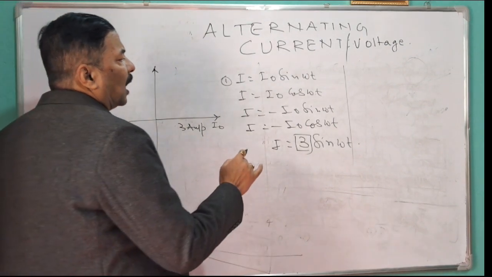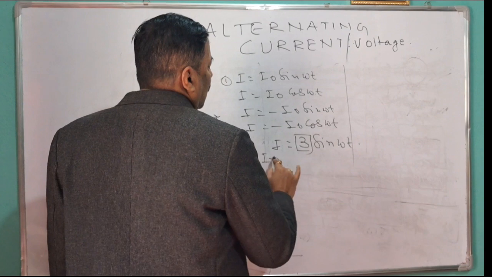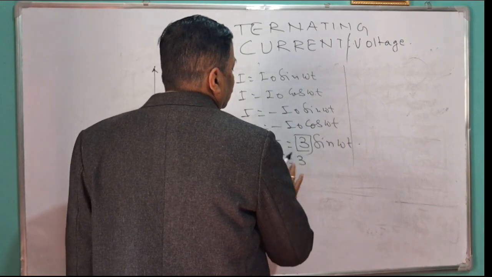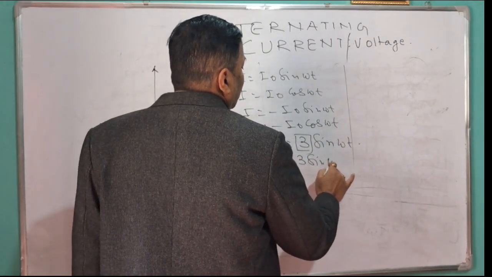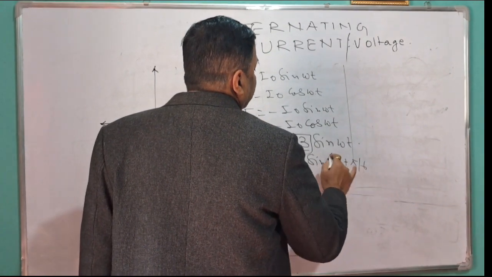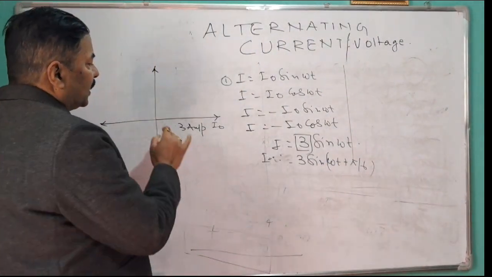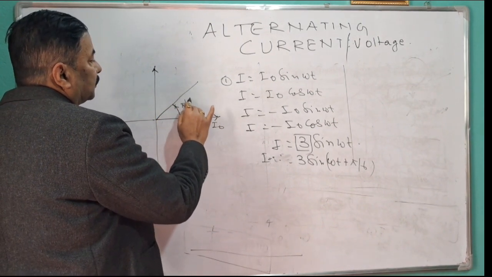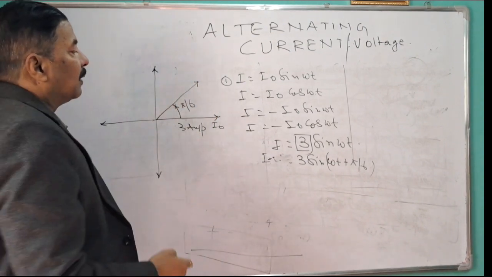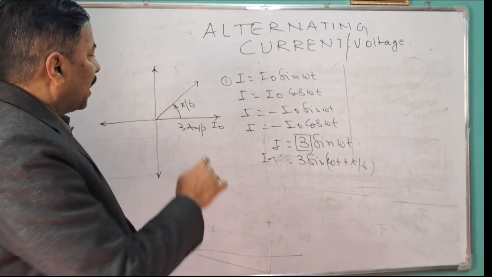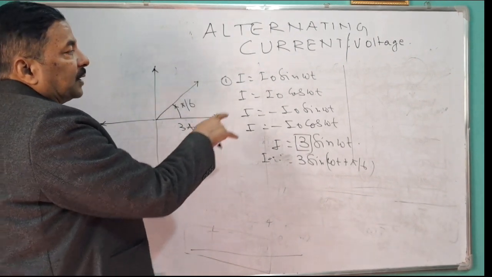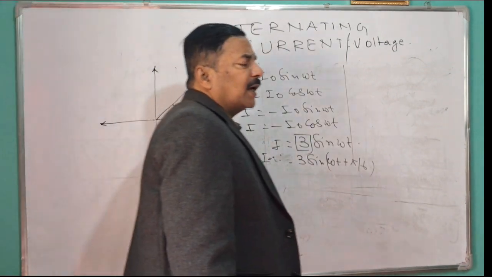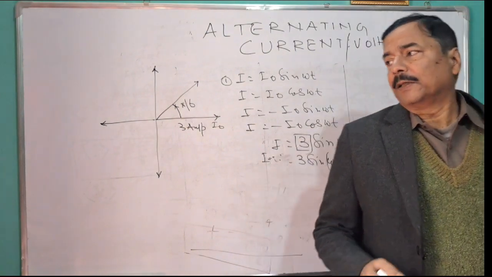Similarly, if I write I is equal to 3 sine (omega t plus pi by 6), this length will remain the same. It will shift in this direction. This angle will be pi by 6. This is representing the peak value. Plus pi by 6 and minus pi by 6 will be in these directions. Similarly, cos with plus pi by 6 in this direction, minus pi by 6 in this direction. So this is basically a rotating vector, which the phasor is representing.